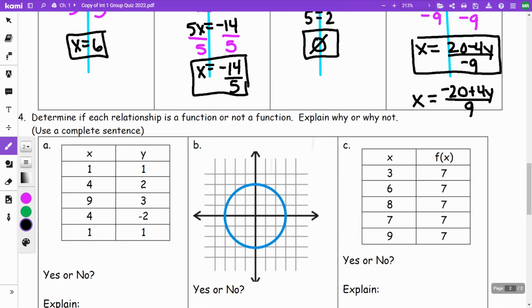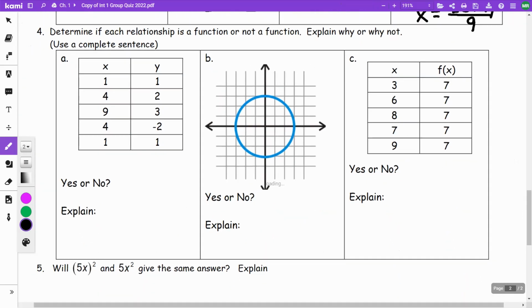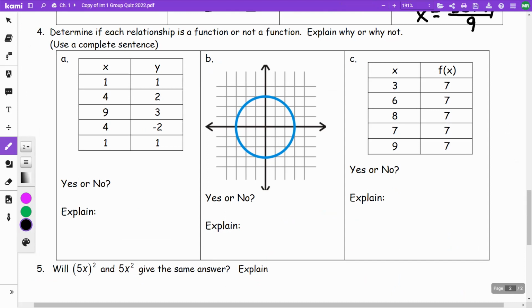Okay, on 4, trying to see if something's a function or not a function. So for a function, remember each x goes to only one y, okay? So what I look at, is there any repeats?